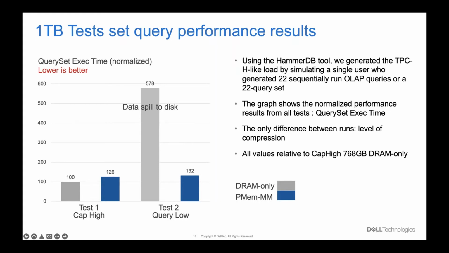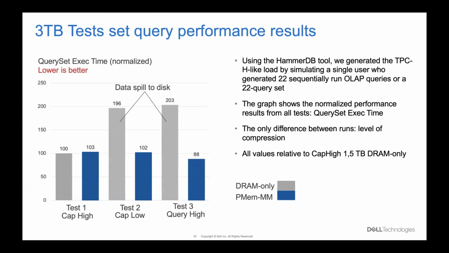So, taking the results of the DRAM only capacity high test as 100, everything is scaled relative to that test. That means that the difference between capacity high test 1 and query low test 2 is almost 6 times, and we'll discuss the results later.